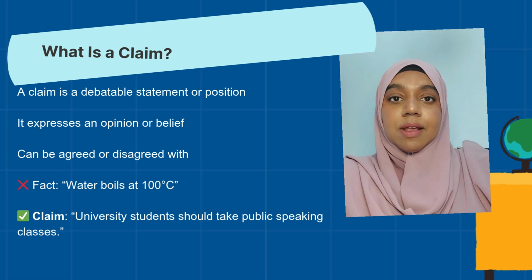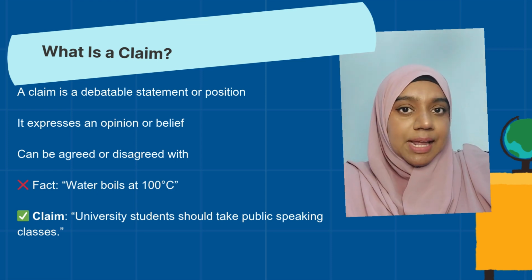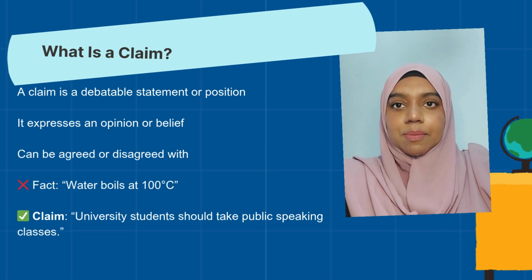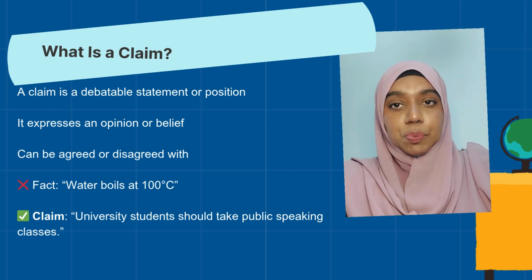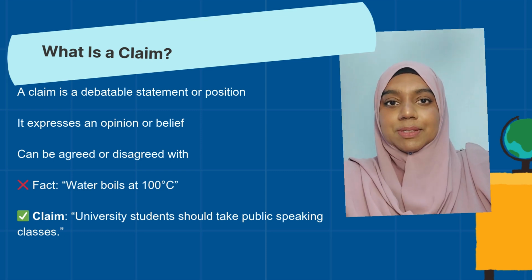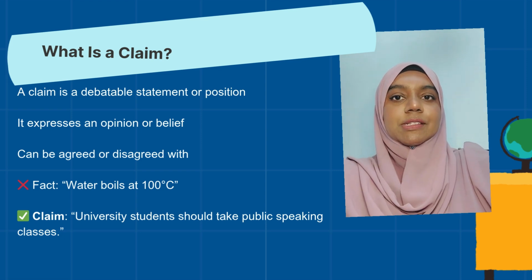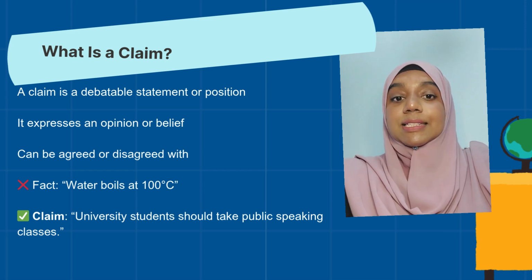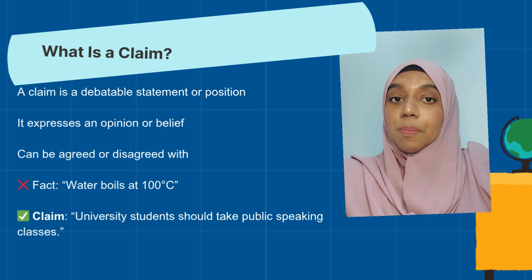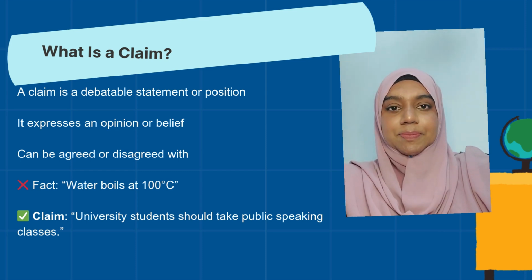The question now is, what is a claim? A claim is the main point or opinion that the writer is trying to prove. For example, university students should take public speaking classes. This is a claim because it can be debated.